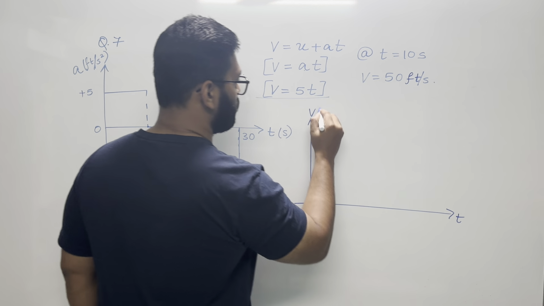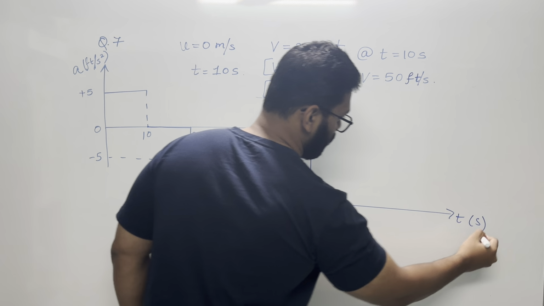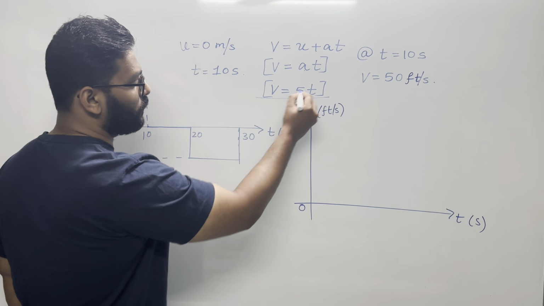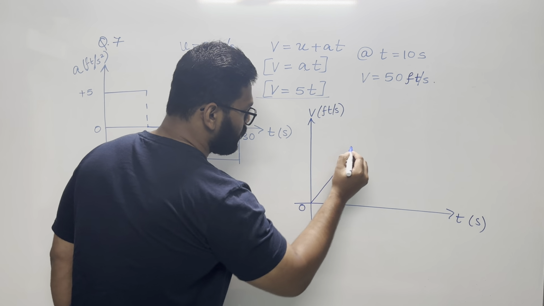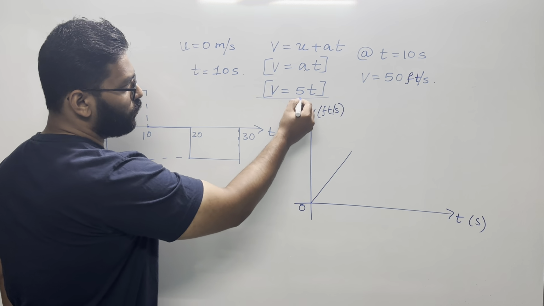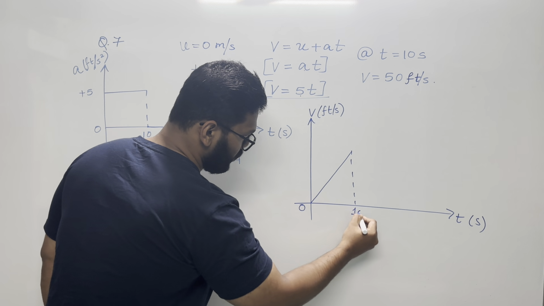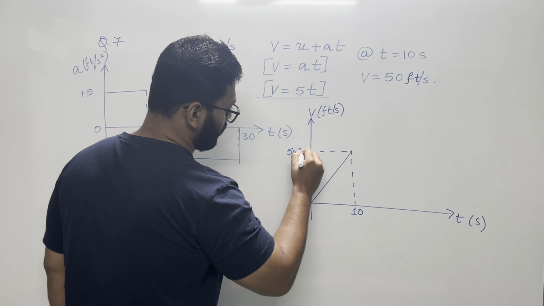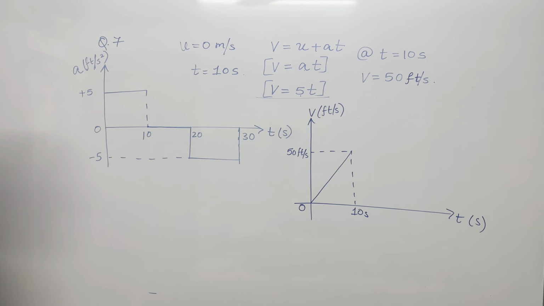This is feet per second, and this is seconds. 5t means for t equal to 0, v is 0, and it is a straight line with a slope of 5, and at this point, that is the 10 seconds, the value of the velocity will become 50 feet per second.